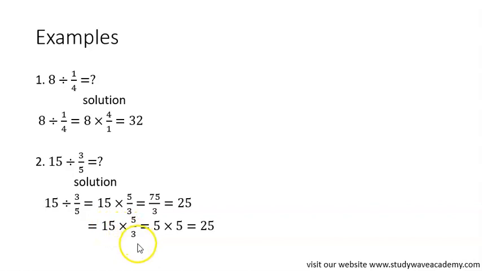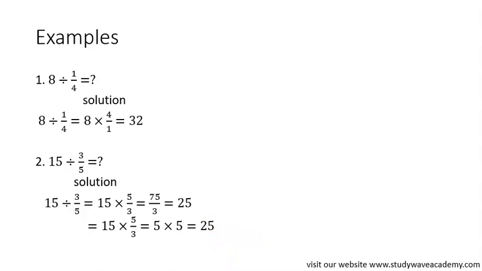So 3 here, 1, and 3 in 15 is 5. So we have 5 times 5. The 5 remaining here times 5, okay? So 5 times 5 is going to give us 25. You can see we still arrived at the same answer, right? So 15 divided by 3 over 5, our answer is 25. Okay? Do we understand?